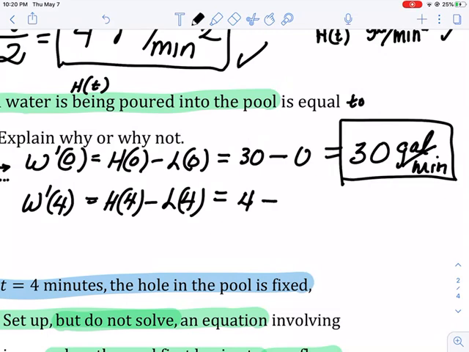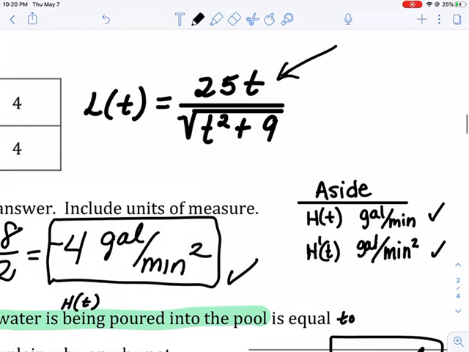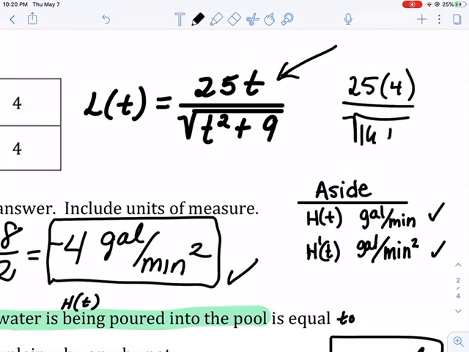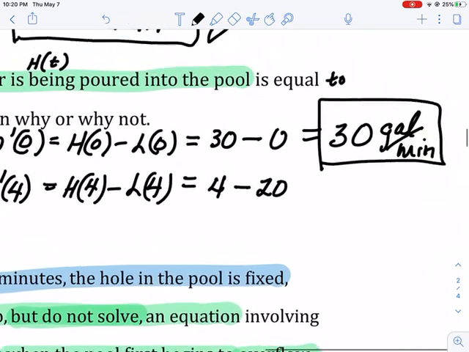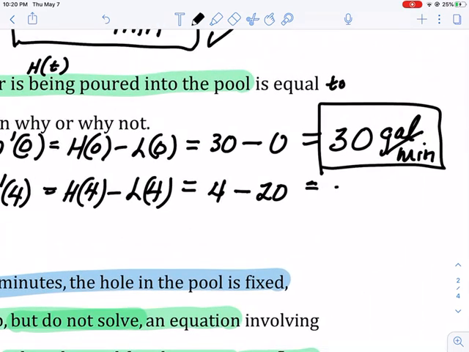It looks like it's 20. Let's just double check this. Here's our function up here. If I say 25 times 4 over the square root of 16 plus 9, don't I get 100 over the square root of 25, which is 5, and I get 20. So coming back down here, I get 4 minus 20, which is negative 16 gallons per minute.